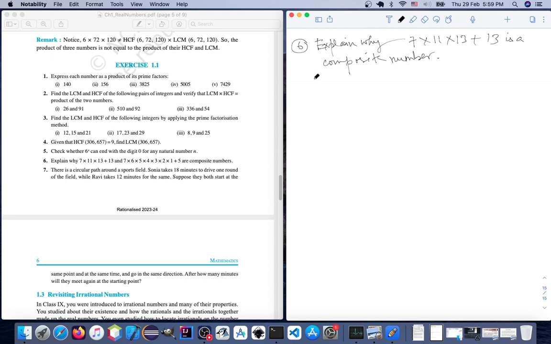So the given number is 7 into 11 into 13 plus 13. If you take 13 common, we get 13 into 7 into 11 plus 1. This is 13 into 77 plus 1, which is 13 into 78.